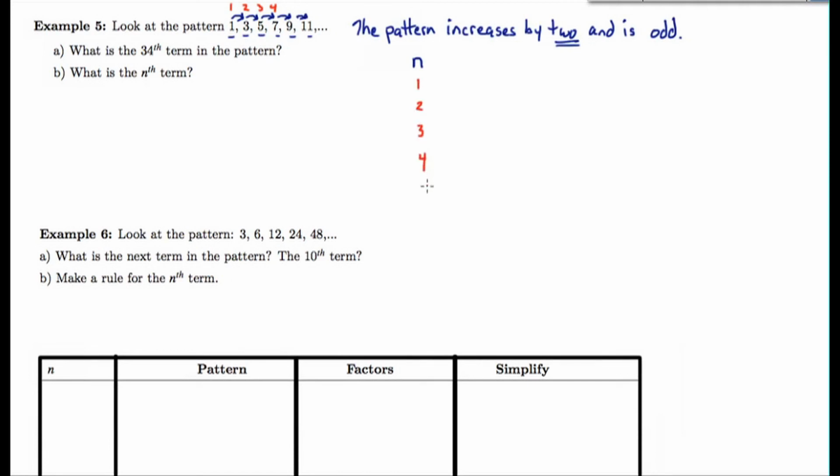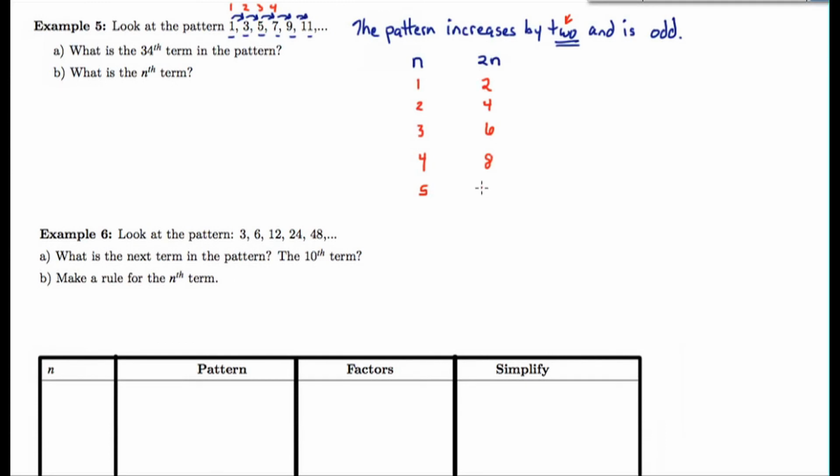So my first term, increasing by 2 again, so I think I have to multiply by 2. So what happens if I multiply 2 times n? Because I'm increasing by 2 here. That's what we saw in the last problem. So what would 1 times 2 be? Well, that would be 2. 2 times 2 would be 4. 3 times 2, 6. 4 times 2, 8.